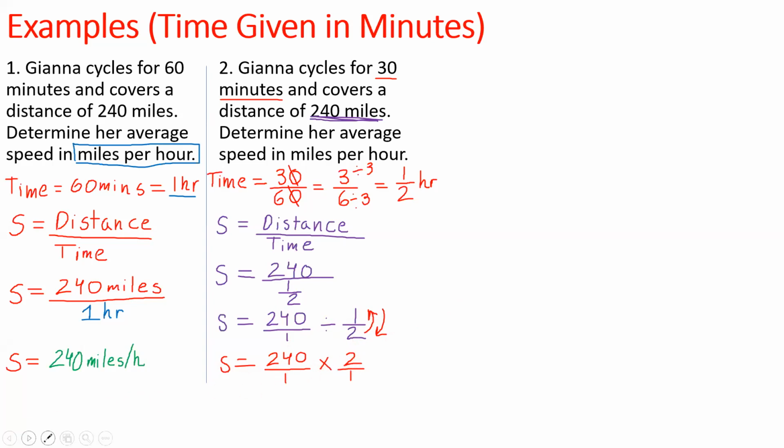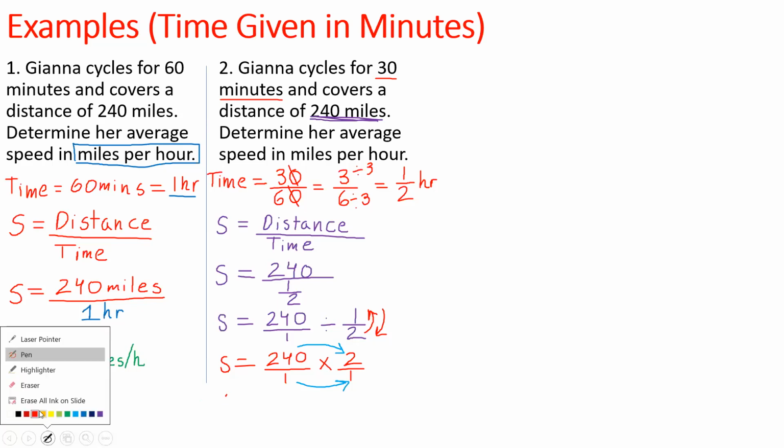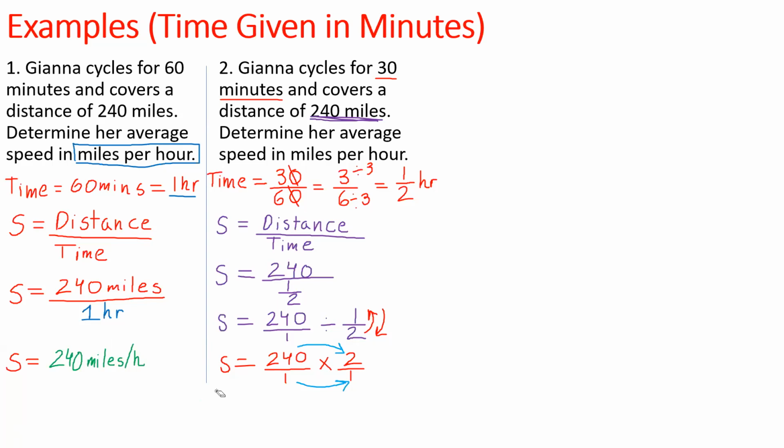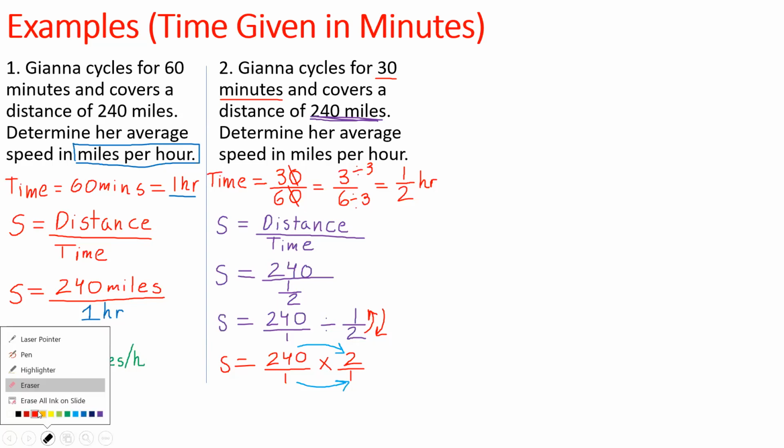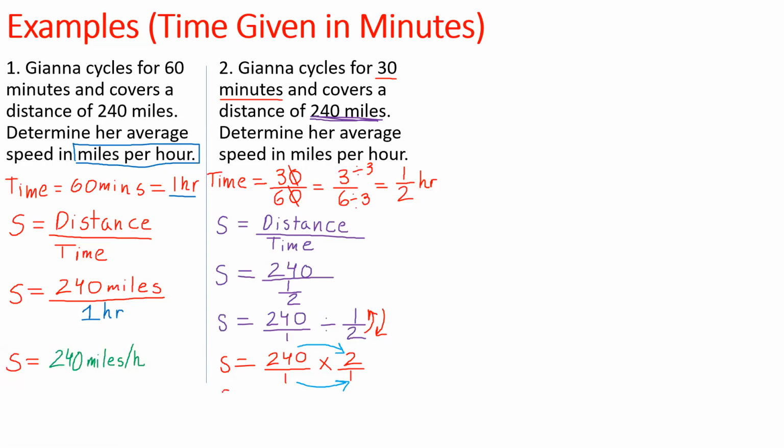Now we have to multiply, right? So what is 240 multiplied by 2? And what is 1 times 1? So S is going to be equal to 240 multiplied by 2. You got 480?